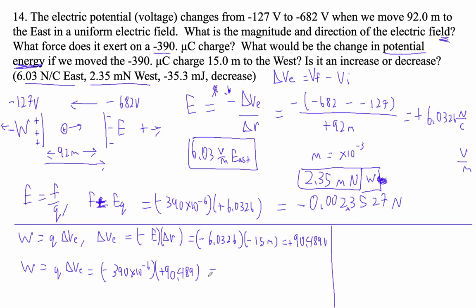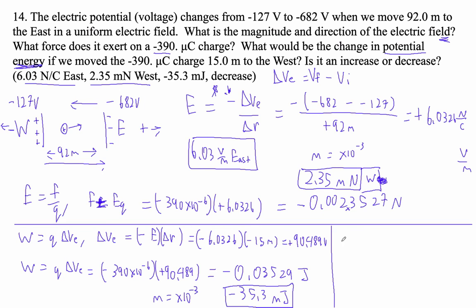And this is negative 0.03529 joules, or negative 35.3 millijoules, in a world where people understand that milli means times 10 to the minus third.